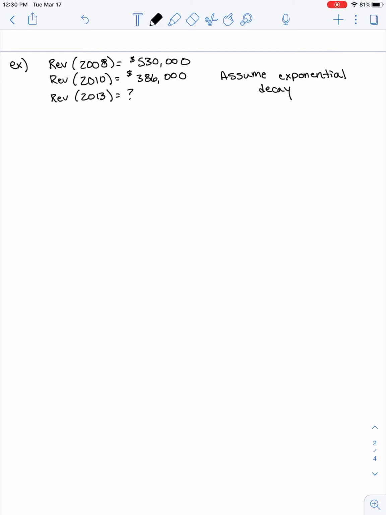Okay, so if we're assuming exponential decay and we know these things, what I'm going to say is that time 0 is 2008, which means that my initial value, C, is equal to 530,000.